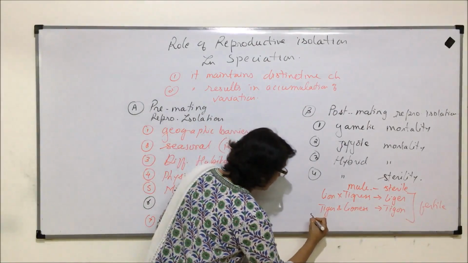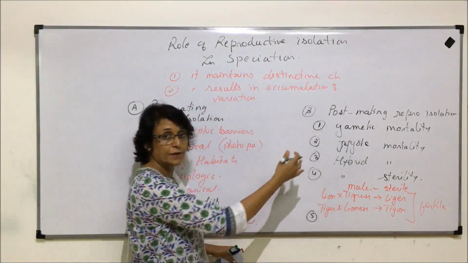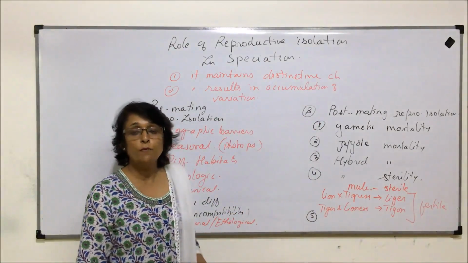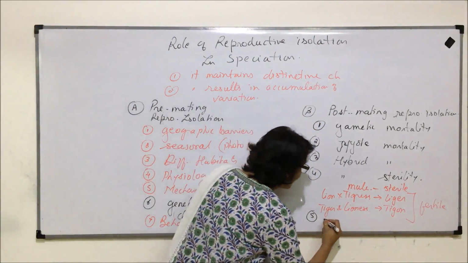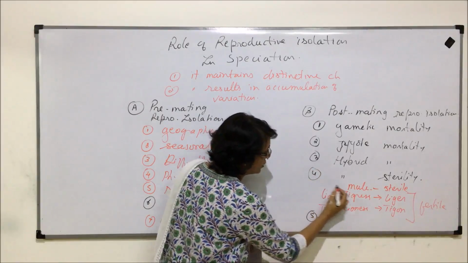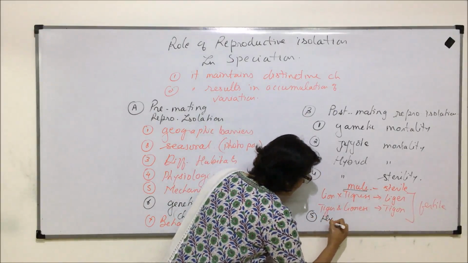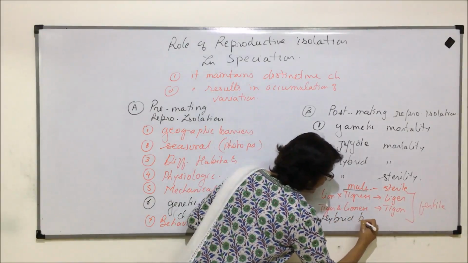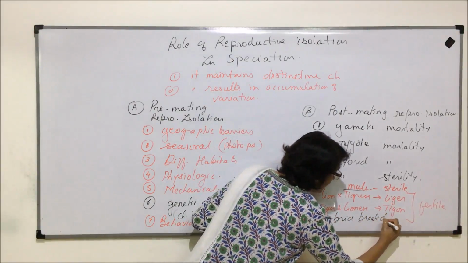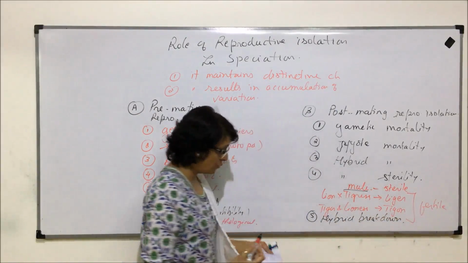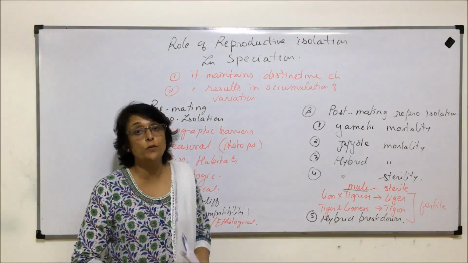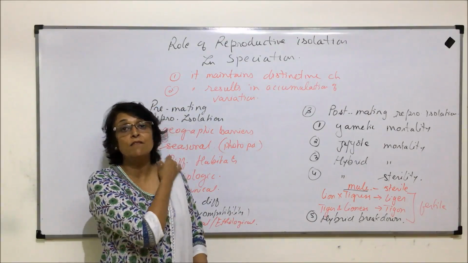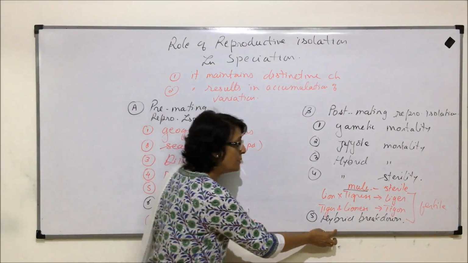One more thing which can happen after this is what we call hybrid breakdown, which is actually happening in the case of this mule. Whenever we use the term hybrid, we talk of two terms. One is hybrid vigor and the other is hybrid breakdown.